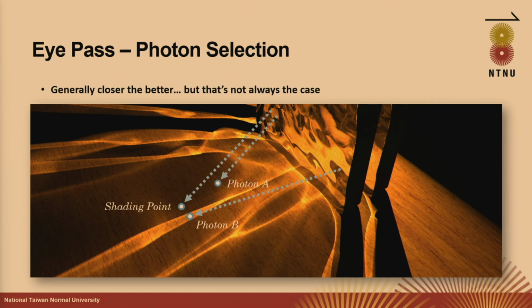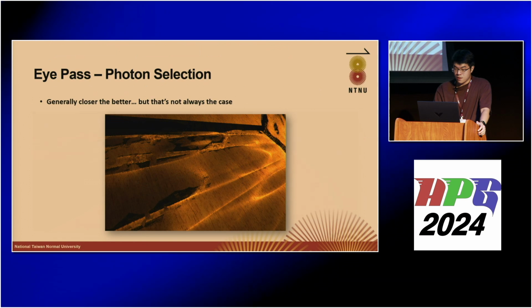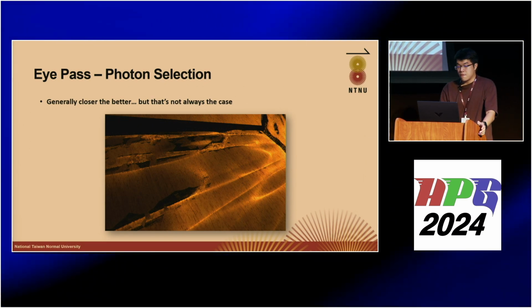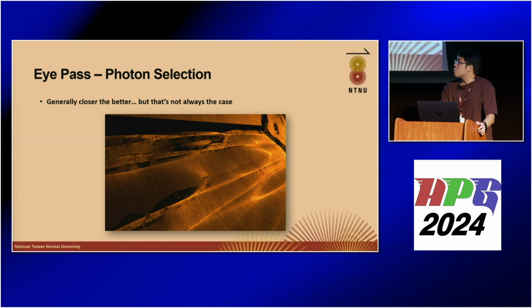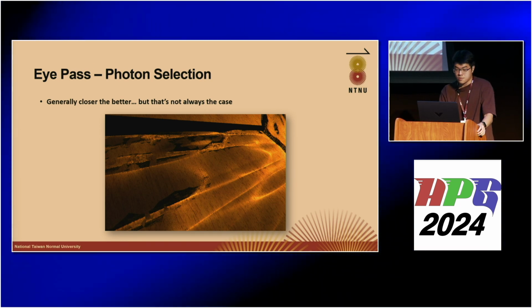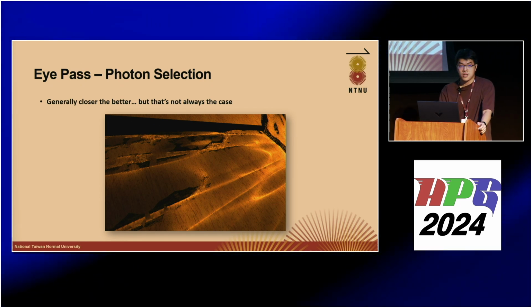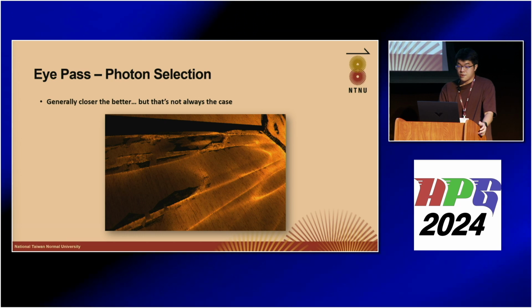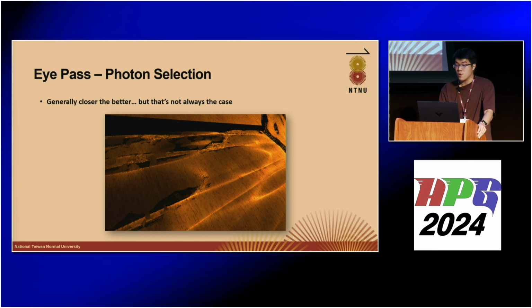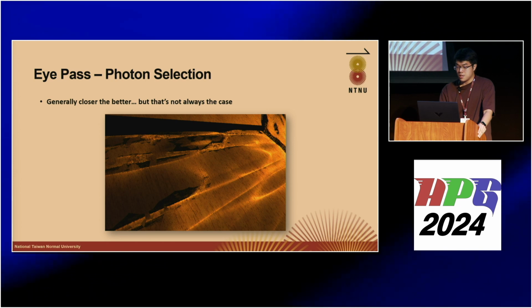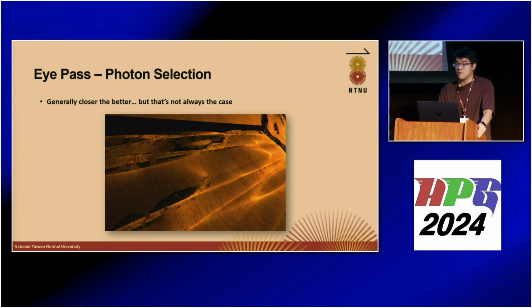So in this case, A is actually the more optimal choice for the manifold walk process, as a smaller mutation is needed. But if we force it to choose B, which is the closest one, we actually get these weird artifacts. It is because the closest photon is not guaranteed to lie inside the converged basin of our current pixel, our current shading point. And this most often happens around the edge of caustics.